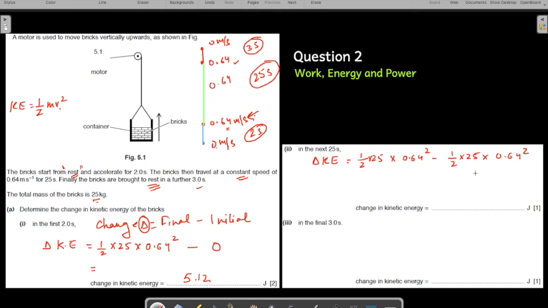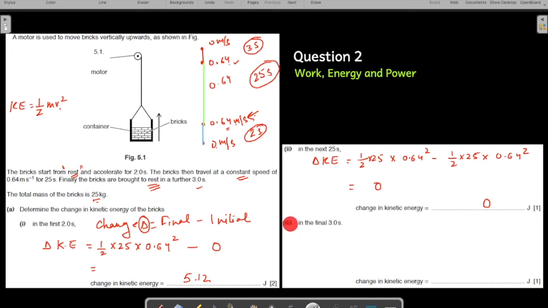You need not write all these things. It's very clearly evident that the initial and the final velocity are the same, so the change in the kinetic energy is 0. Hence it is a 1 mark question, because it is easy to solve, right?